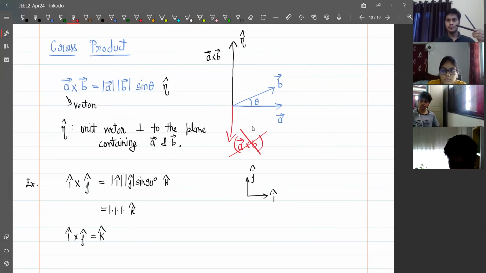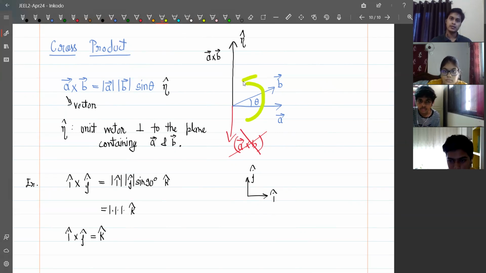To find the direction of A cross B, we curl our fingers from A towards B. In this diagram, you'll be curling your fingers from A towards B. First get A, then B, curling your fingers in such a way that you first touch A, then touch B. Then your thumb shows the direction of eta cap.